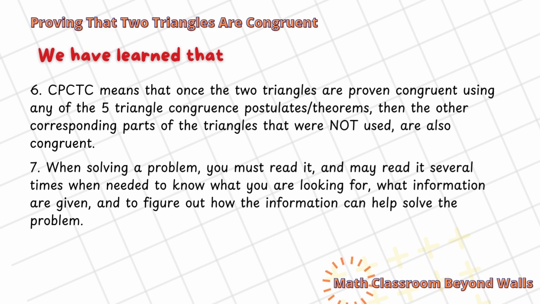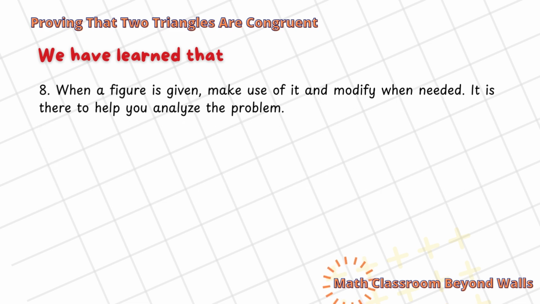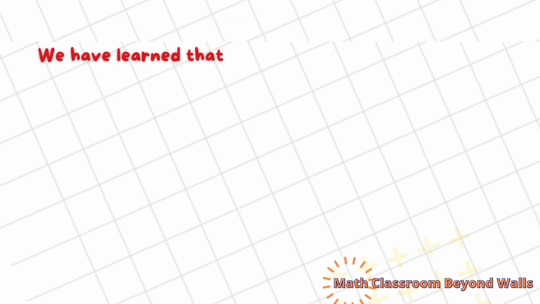Seventh, when solving a problem, you must read it and may read it several times when needed to know what you are looking for, what information is given, and to figure out how the information can help solve the problem. Eighth, when a figure is given, make use of it and modify when needed. It is there to help you analyze the problem.